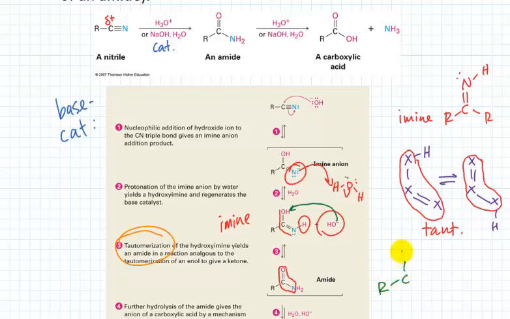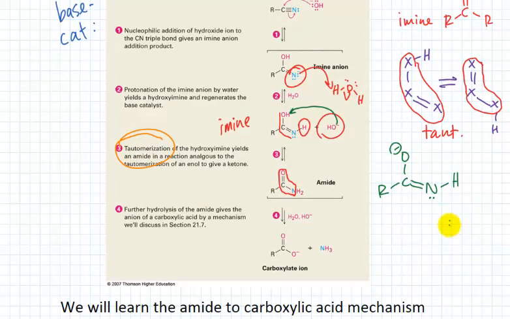RCO minus, still NH. And I got rid of the H there, but we still need to put a new H on over here. Just having hydroxide attack an H made a water for us. So that's helpful. I'm going to draw it down here.